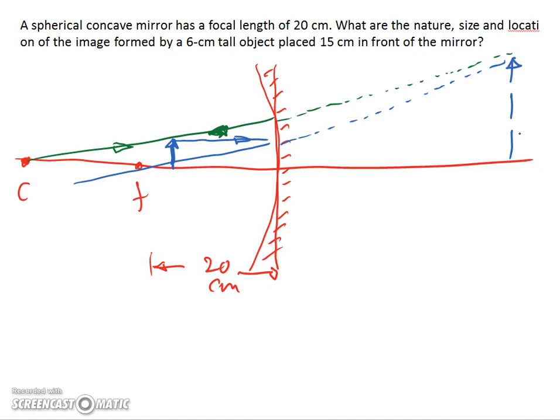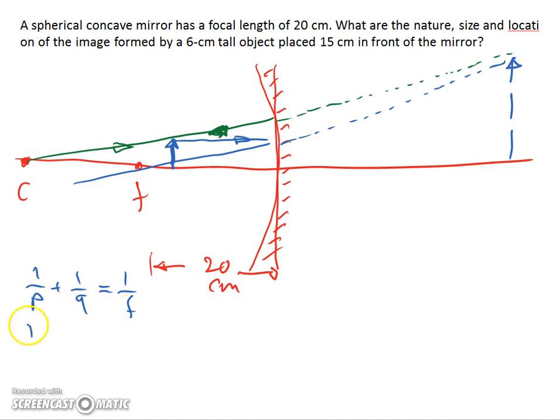And the reason we can make this sketch easily is that the distances are convenient. But we didn't actually need to make the sketch. So we can calculate what we need to know directly. So first of all, we could use the formula 1 over p plus 1 over q equals 1 over f, where p is the object distance, q is the image distance, and f is the focal distance. So we know f and we know p, and we want q.